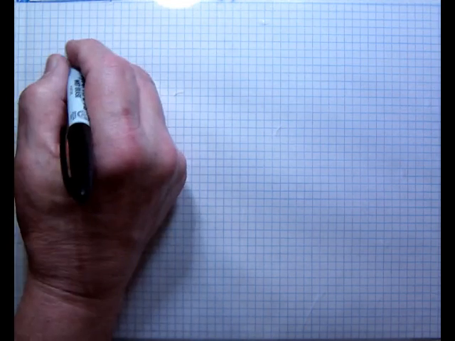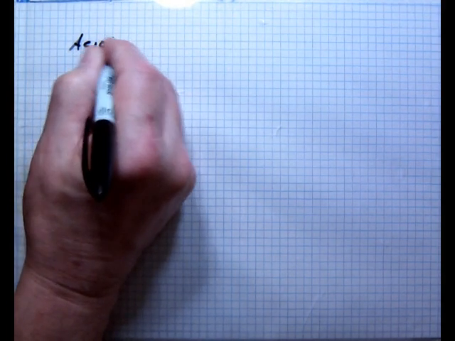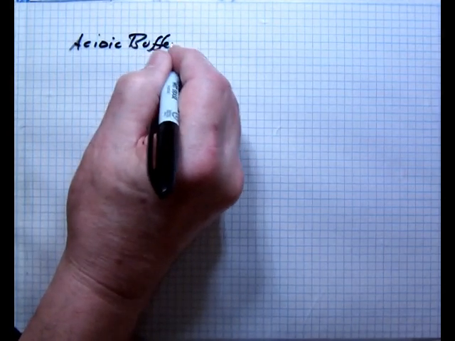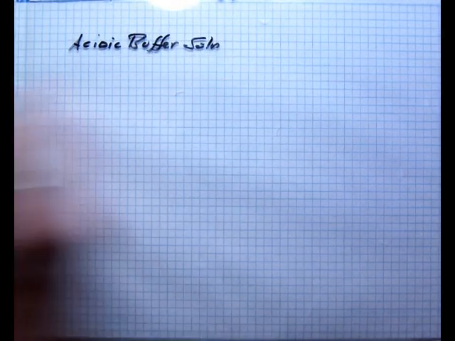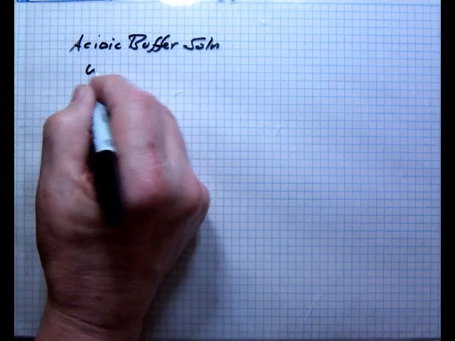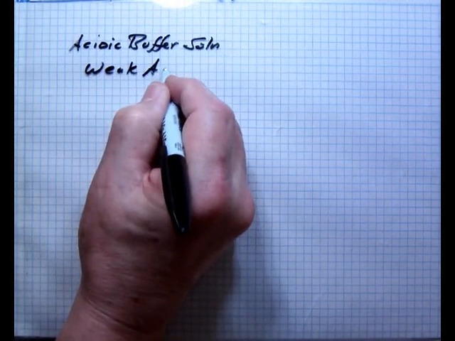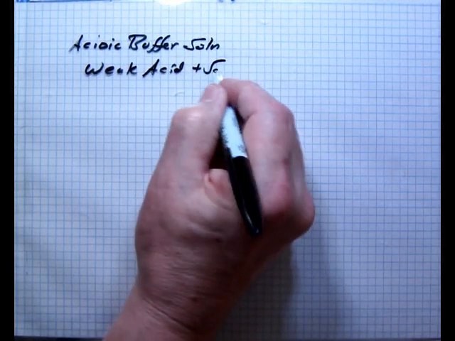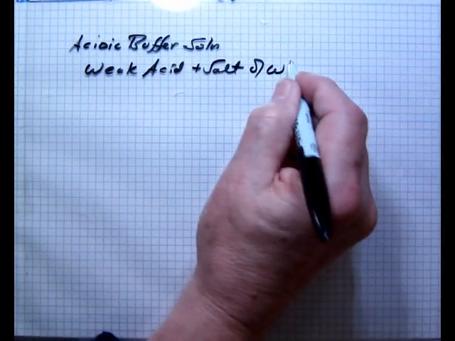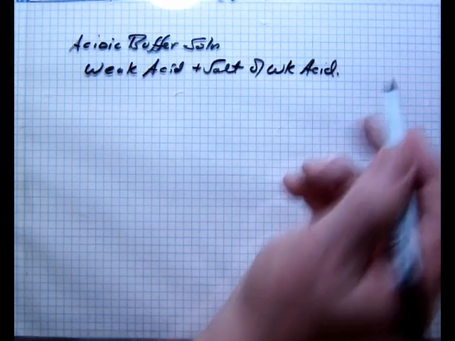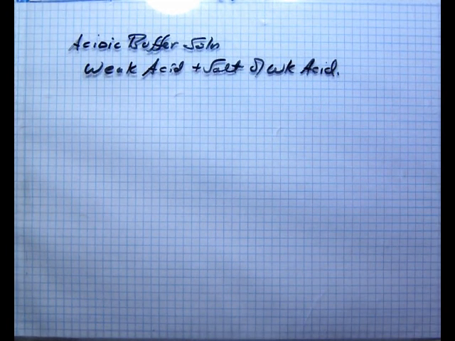An acidic buffer is prepared by using a weak electrolyte, weak acid, combined with the salt of the weak acid. The ratio of acid to salt and ions governs how stable that buffer is.